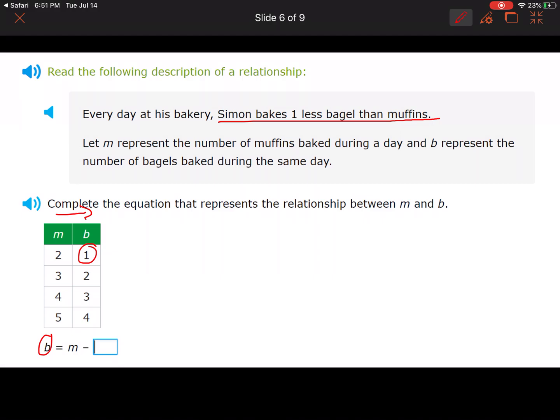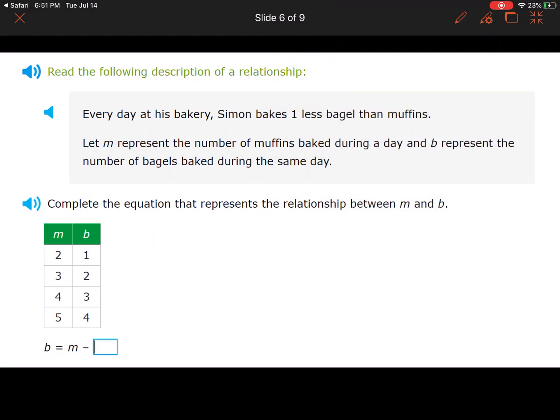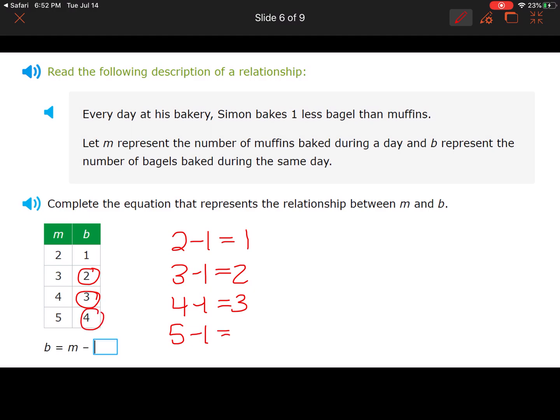Well, we're subtracting by 1. 2 minus 1 equals 1, 3 minus 1 equals 2, 4 minus 1 equals 3, 5 minus 1 equals 4.